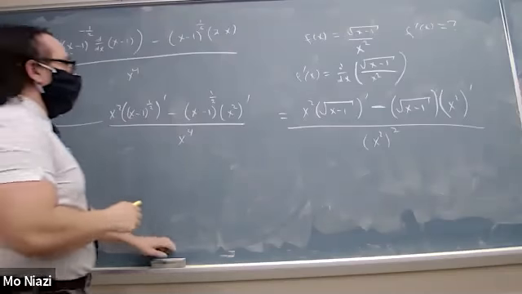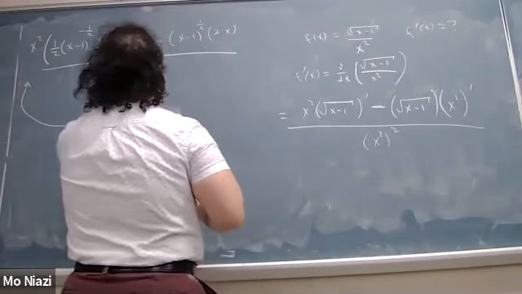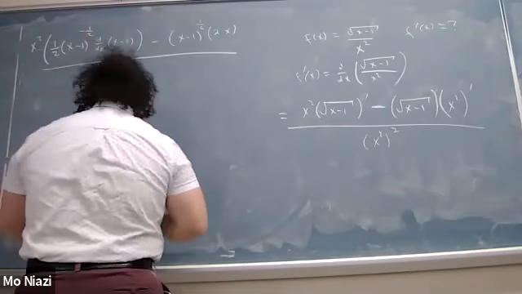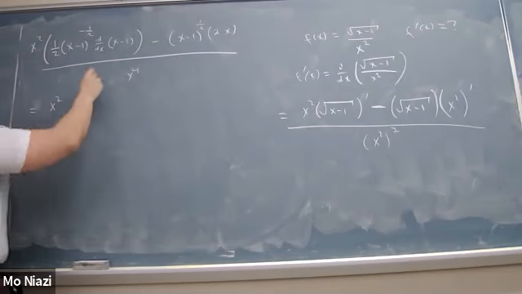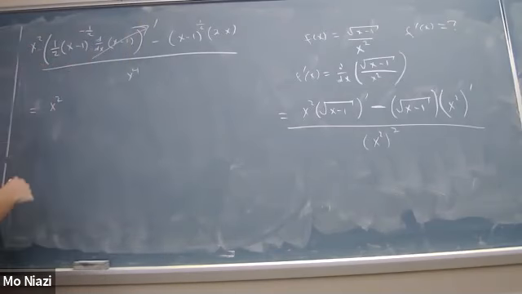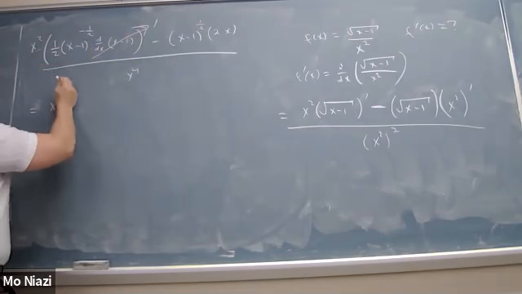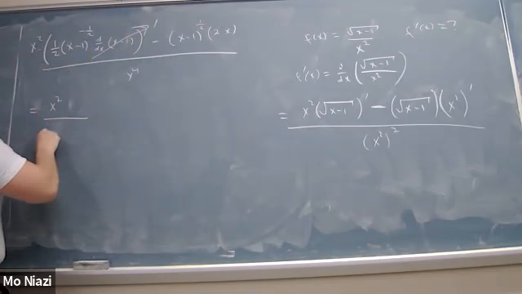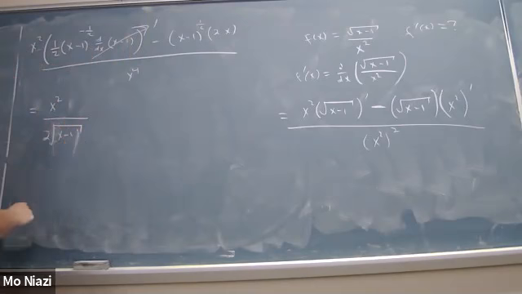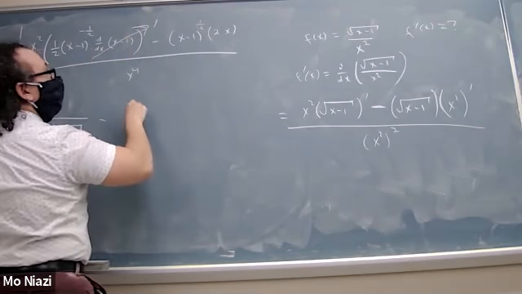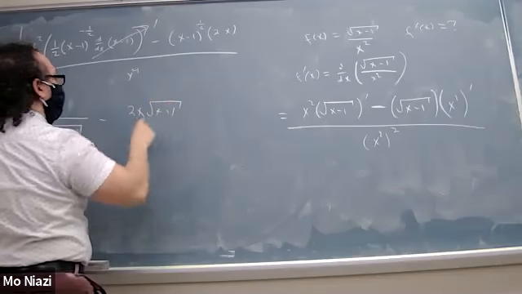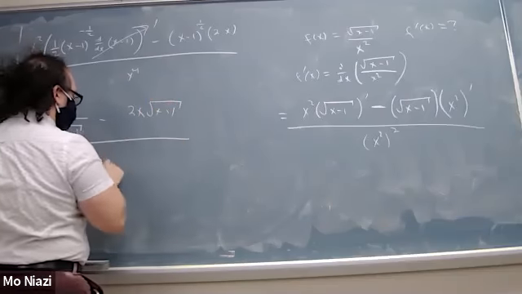And you're technically done. You just got to simplify it a little bit, clean it up a little bit. So this becomes x squared. This becomes the 1, so you can say goodbye to it. This becomes x squared divided by 2 times the square root of x minus 1, minus 2x square root of x minus 1, everything over x to the 4th.